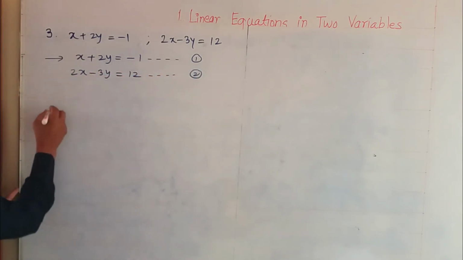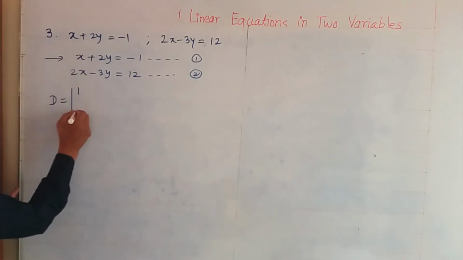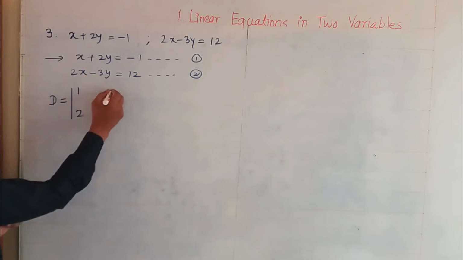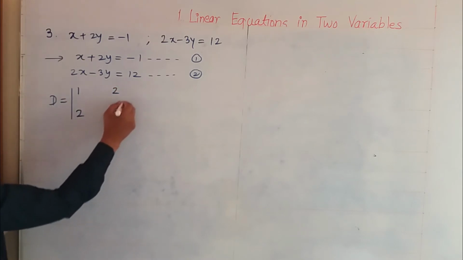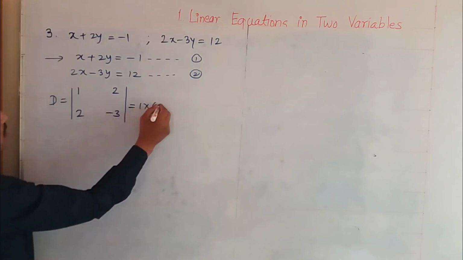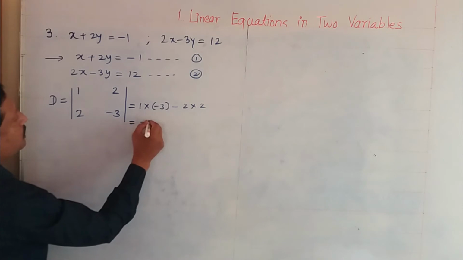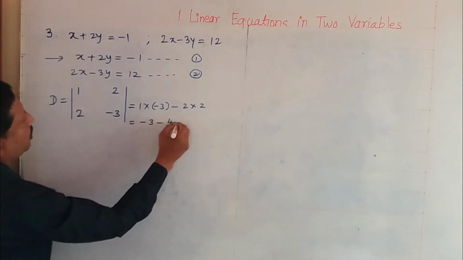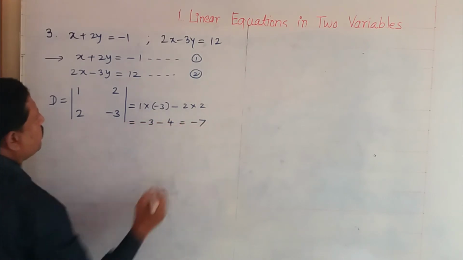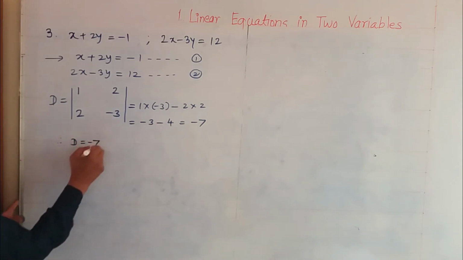Now write down the determinant D just by writing the coefficients of the variables 1, 2, 2 and minus 3. So calculate 1 multiplied by minus 3 minus 2 into 2, that will be minus 3 minus 4 is equal to minus 7. So the value of the determinant D is equal to minus 7.